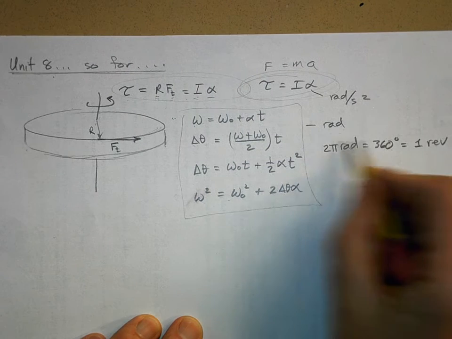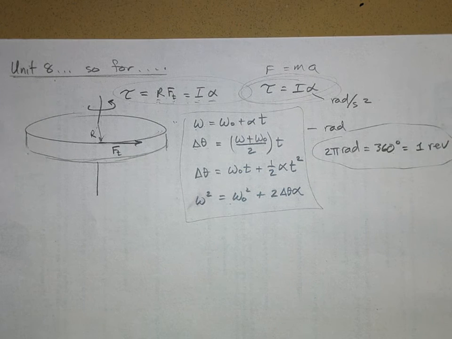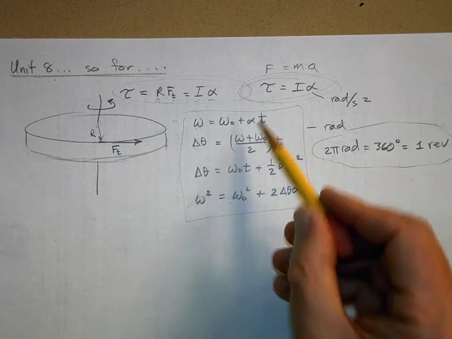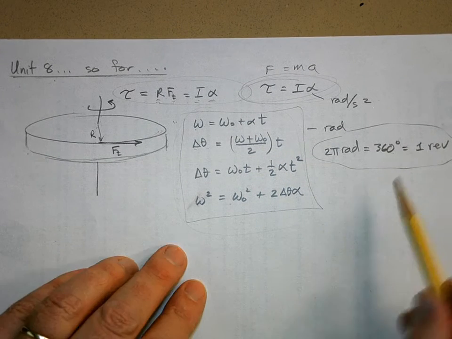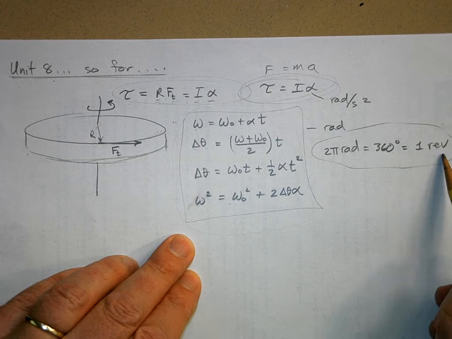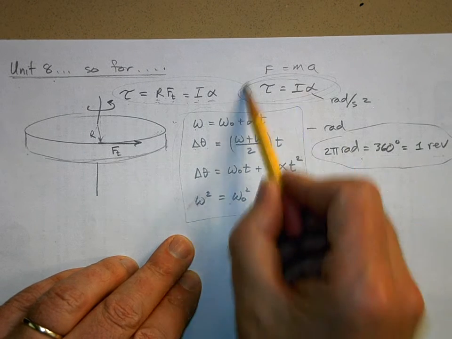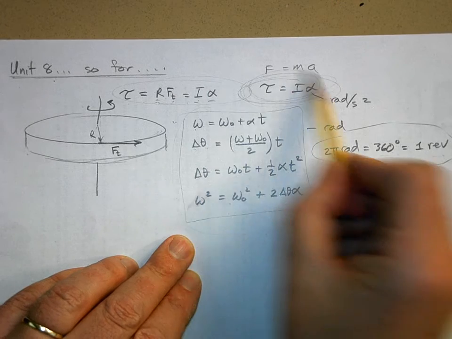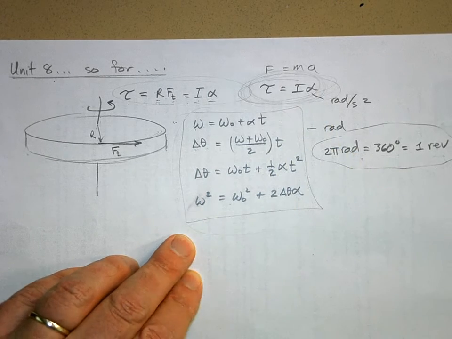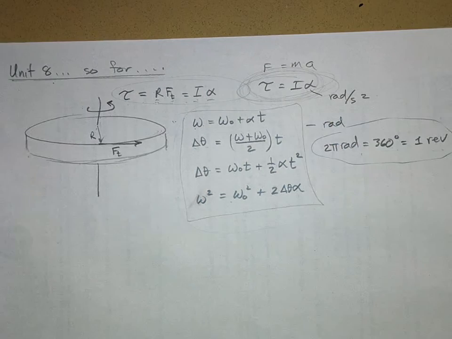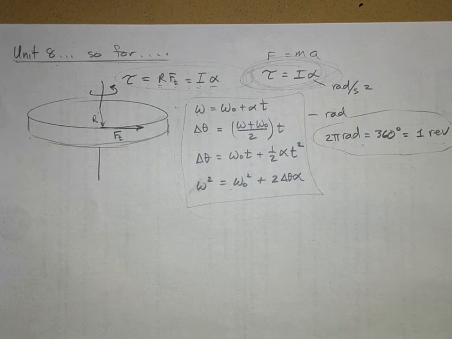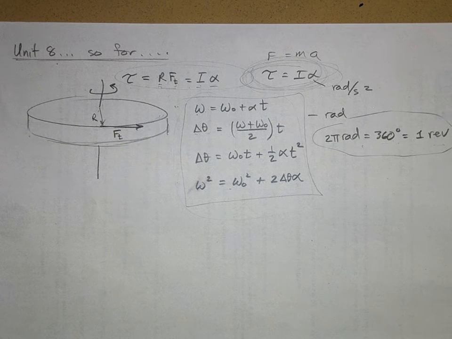And so this is your conversion factor that we talked about. And in fact, these equations can work in revolutions or degrees or radians. But this equation here only works in radians. There are certain equations that only work with radians. So when in doubt, put your angles in radians and you'll be able to solve it.